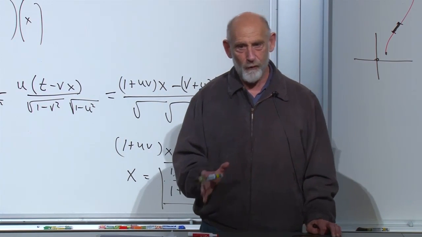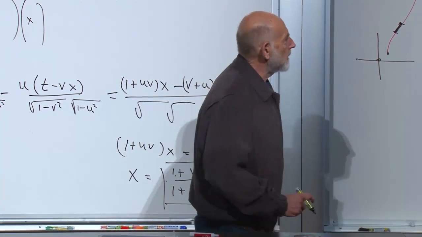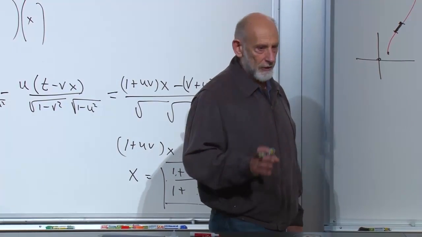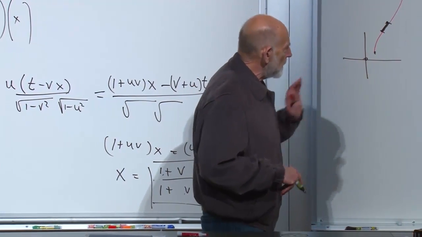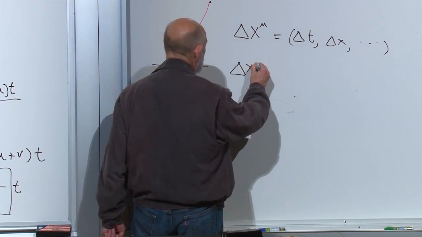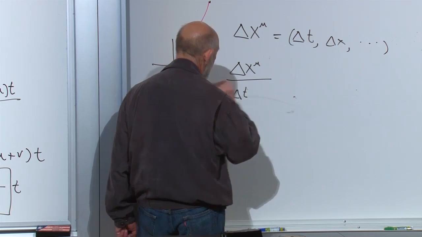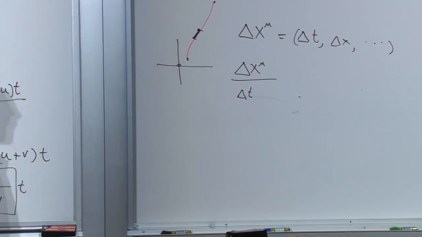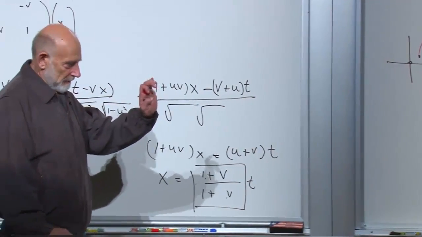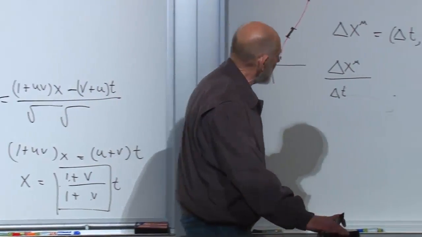There is no fourth component of that ordinary velocity. I'm going to introduce a notion of four-dimensional velocity, and we're going to do that by taking the delta x mu, and instead of dividing it by delta t, we're going to divide it by the invariant distance between these two points. Let's call it delta tau.